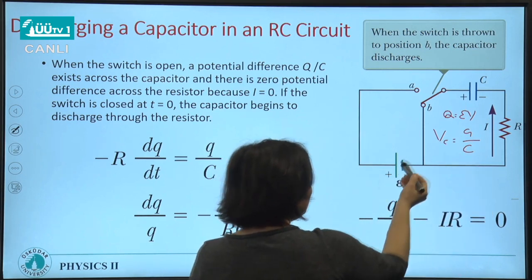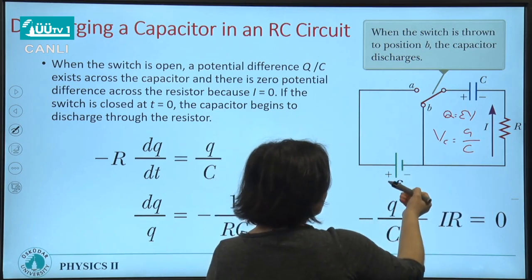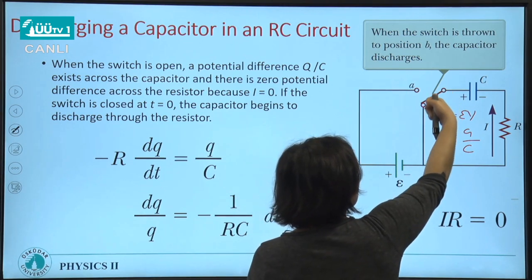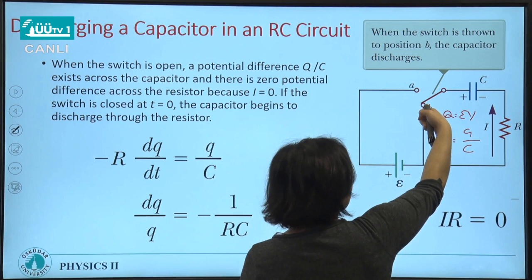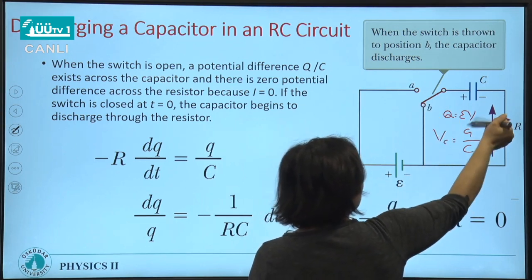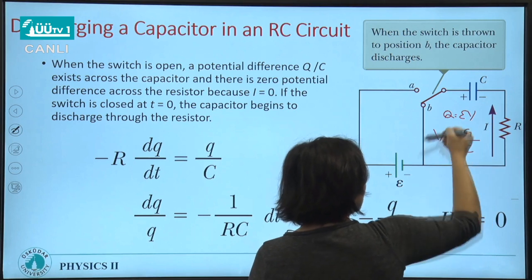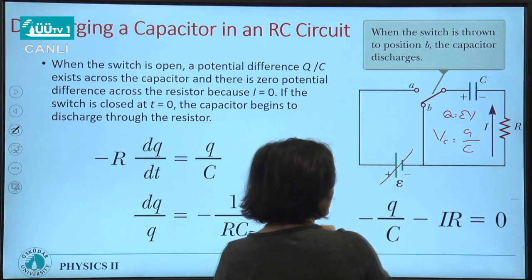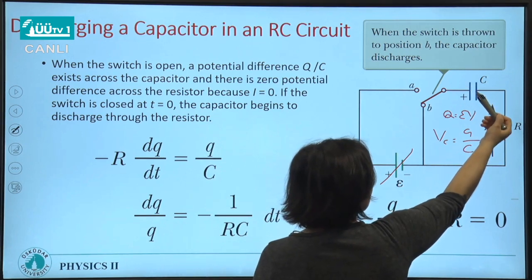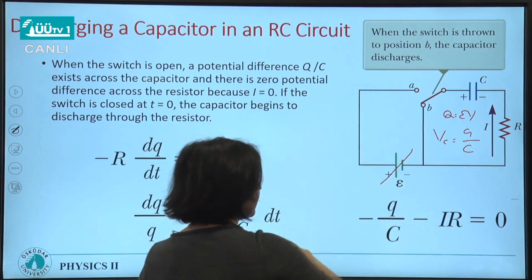So we eliminate the power supply from the circuit when we connect the switch to point B. If we throw the switch to point B, now we have a circuit without EMF, and the capacitor behaves as the power supply in this circuit.